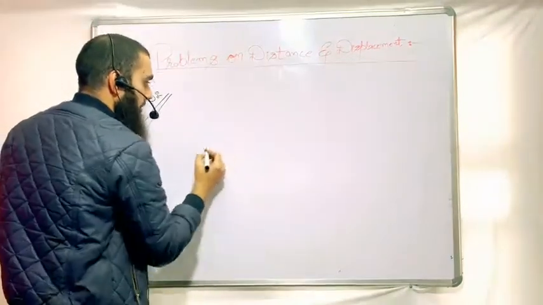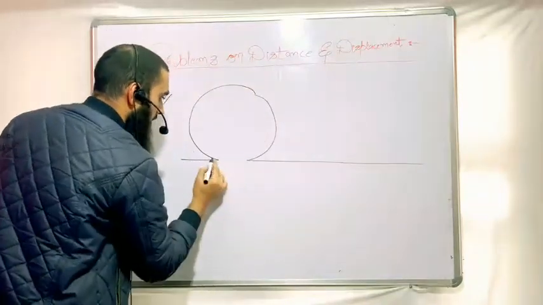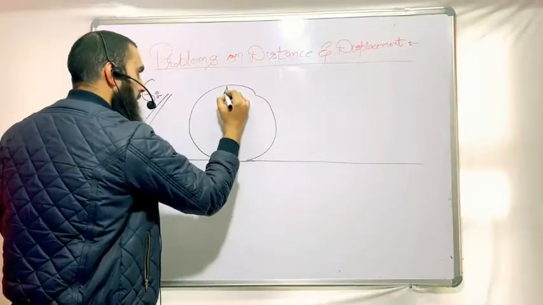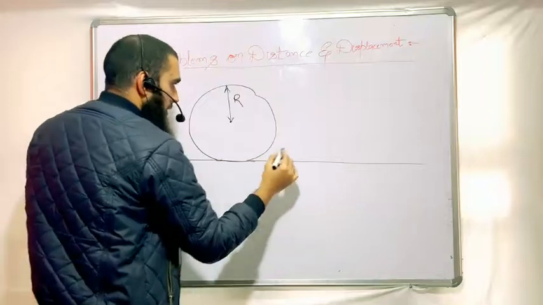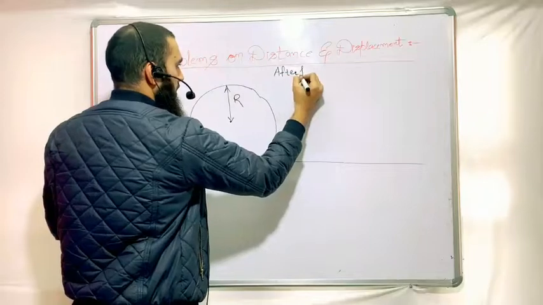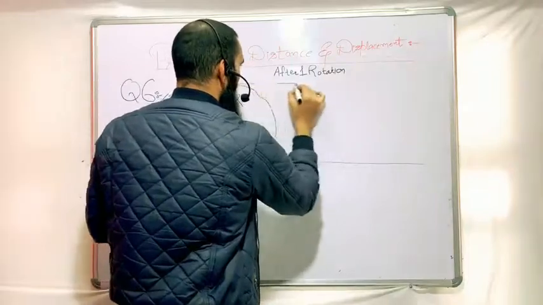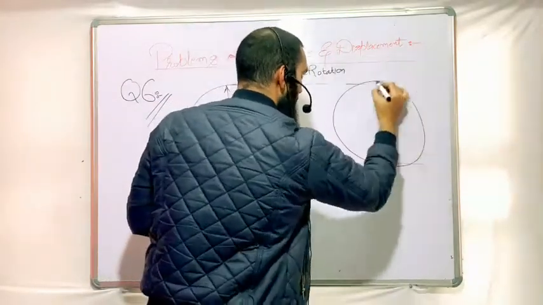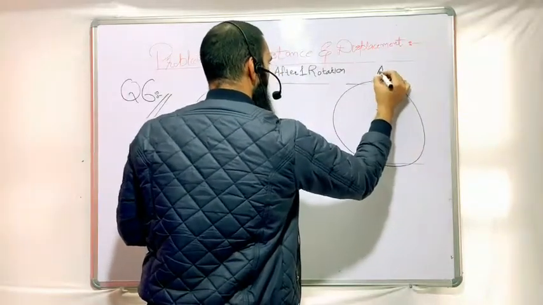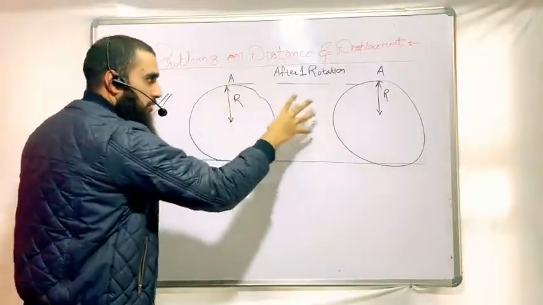Now we are having a sixth question. We are having a wheel with a radius R. After one rotation, the wheel is coming here.